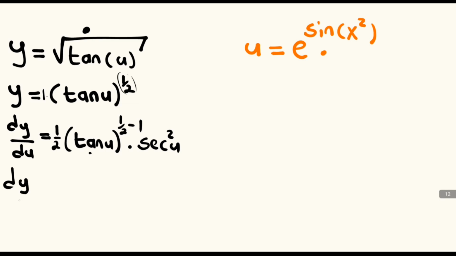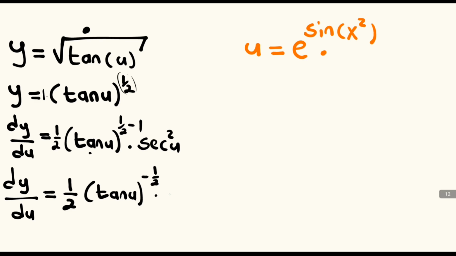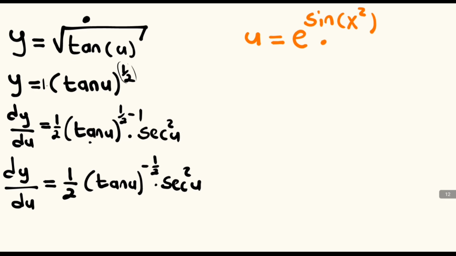Dy over du will be equal to 1 over 2 multiplied by tan u raised to the power half minus 1, which is negative half, and multiplied by sec squared u.